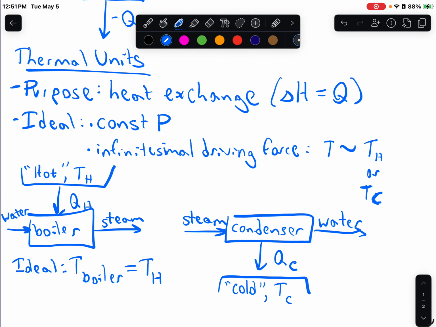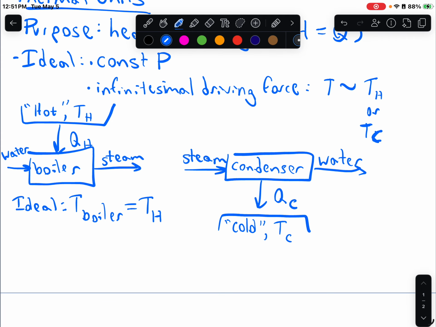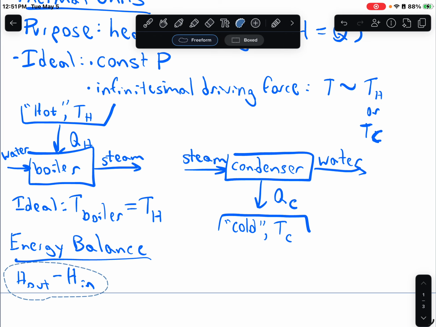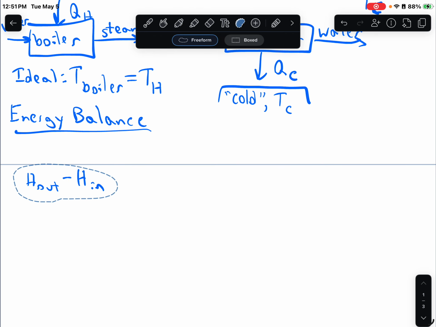So let's look at the energy balances. Okay, so H out minus H in. This is for the boiler.